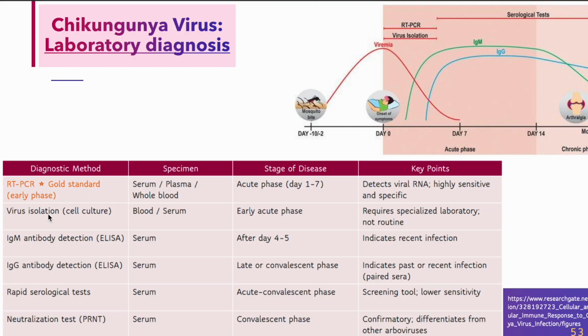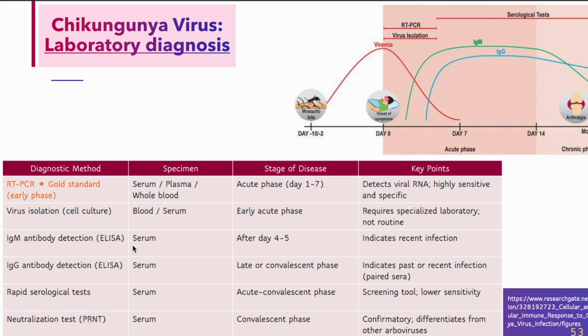For virus isolation, like I said before, not many hospitals can do it. It's very hard to do, so we barely see it in a hospital laboratory. It requires a specialized laboratory and is not routine.